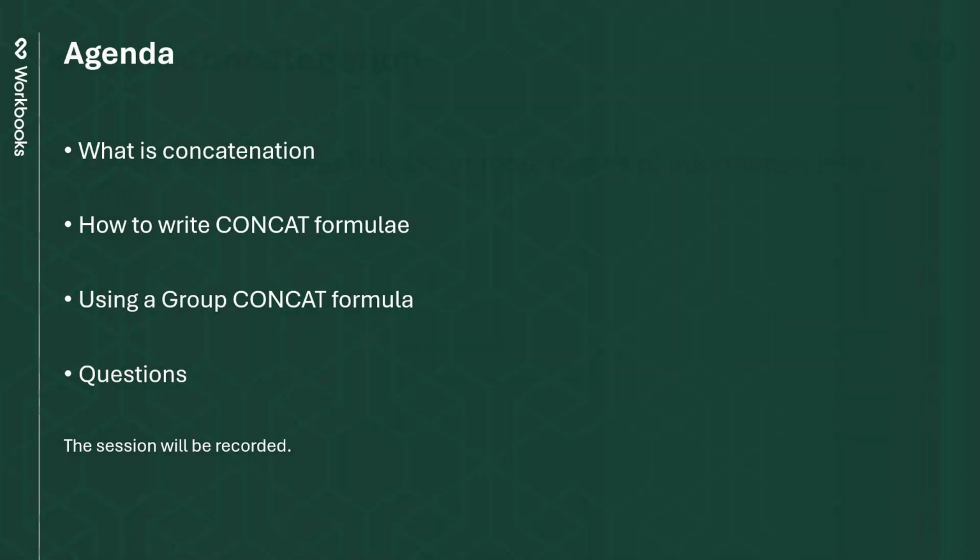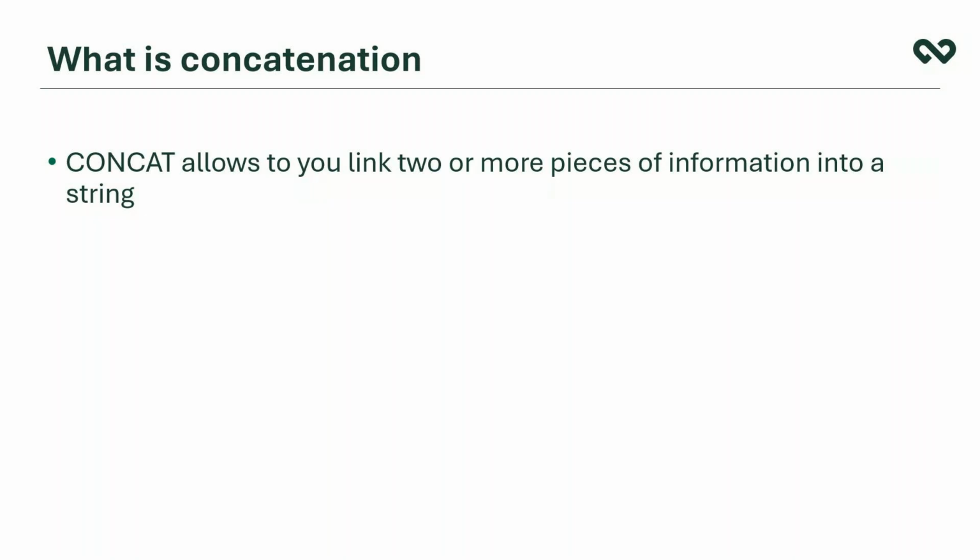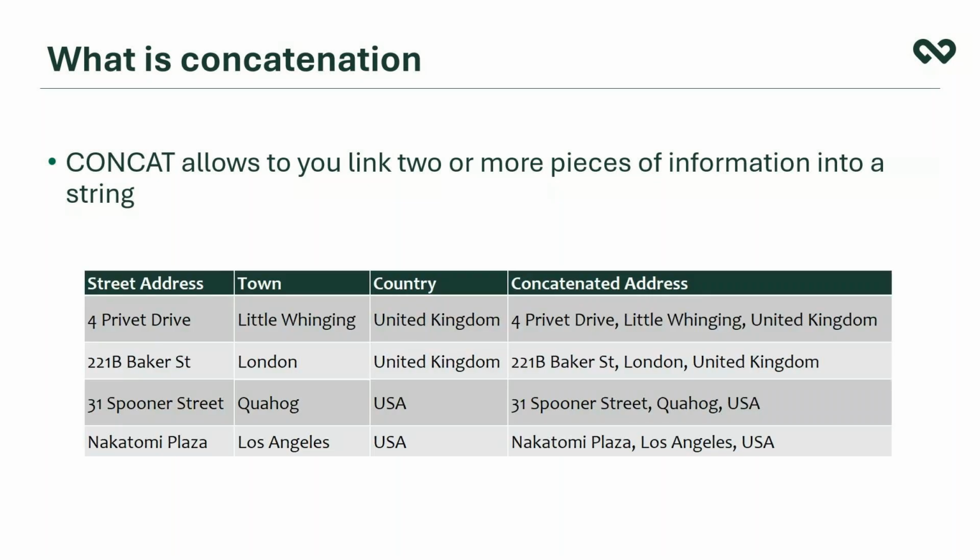So, what is concatenation? Concatenation allows you to link values together in a series or a string. There are a couple of different concat formulae that can be used, and I'll be going over them and how you can determine which one you actually want to use. The first formula that I'm going to show you can be used with an example where you have separate fields on a record to capture people's addresses.